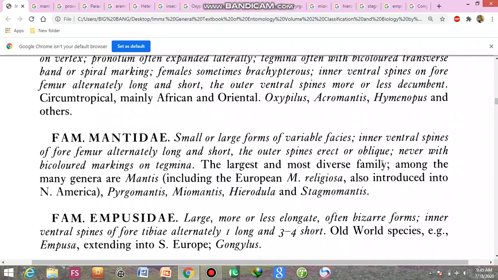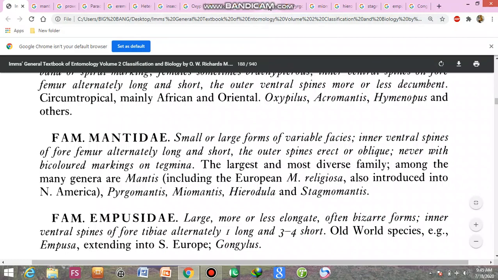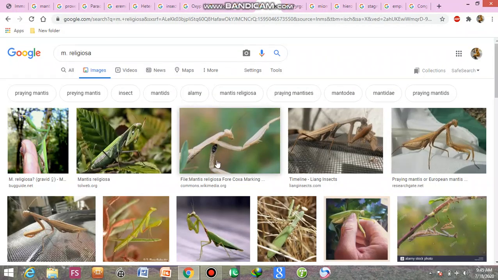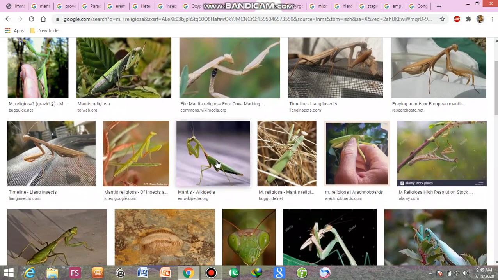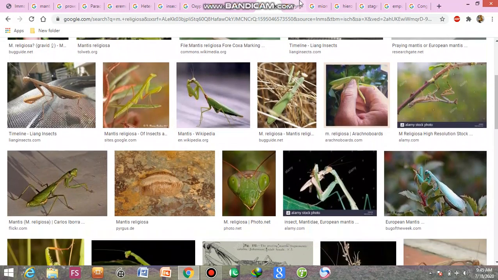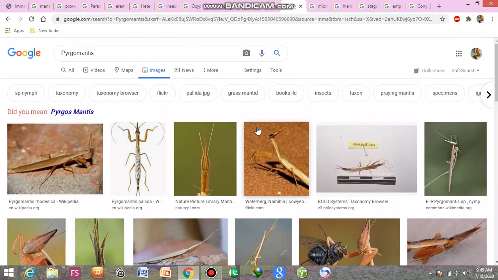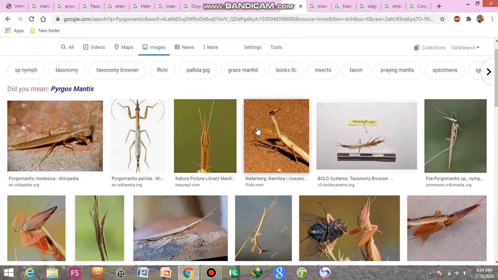The largest and most diverse family, among the many genera are Mantis, including European M. religiosa, also introduced into North America, Pyrgomantis, Miomantis, Hierodula, and Stagmomantis. This is the M. religiosa. This is the Pyrgomantis.